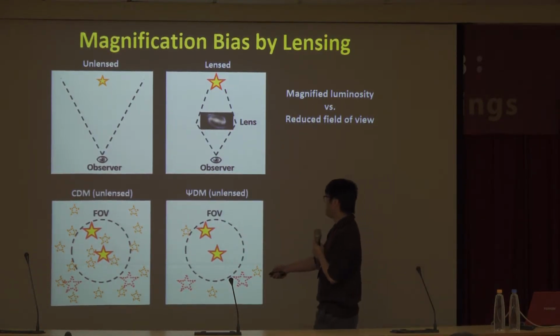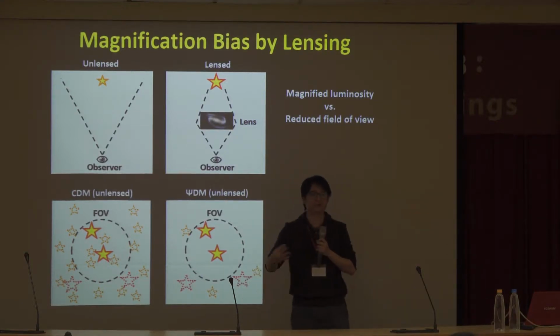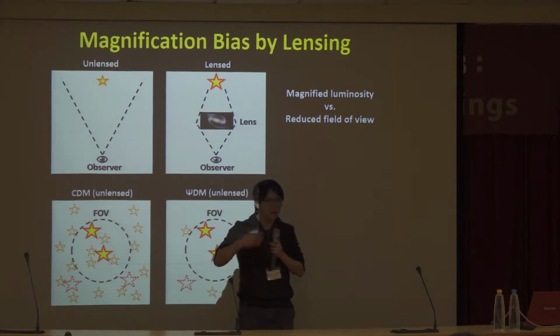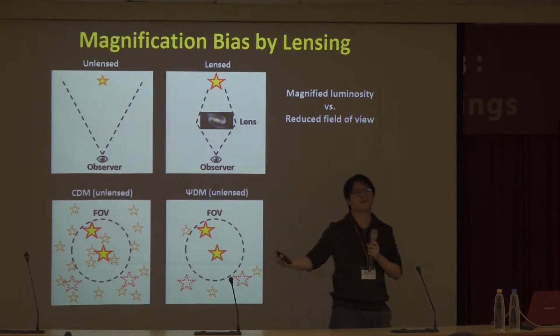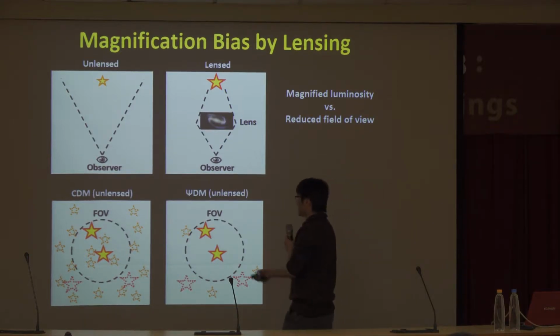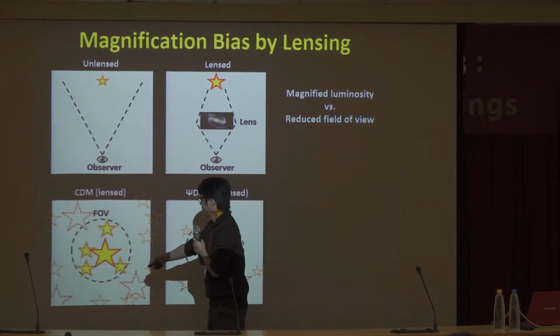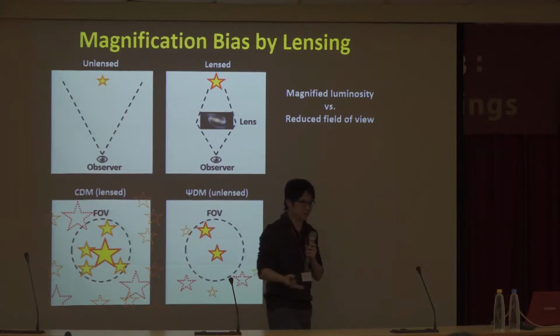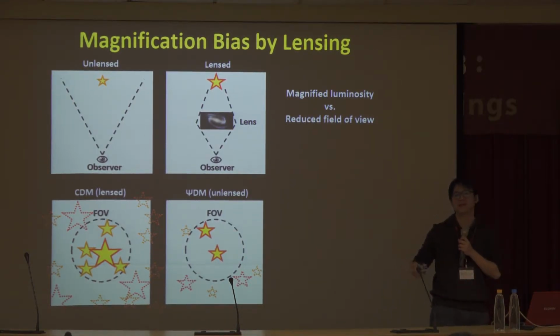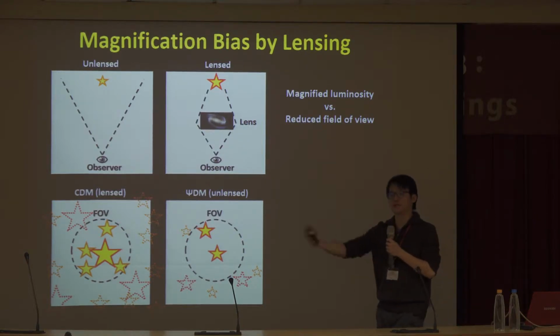The filled stars are bright galaxies that can be observed. Unfilled stars are galaxies that cannot be observed because they are either too faint or they lie outside the field. Now with lensing in the CDM model, the observed galaxy number density will increase, because many faint galaxies get magnified to become detectable.